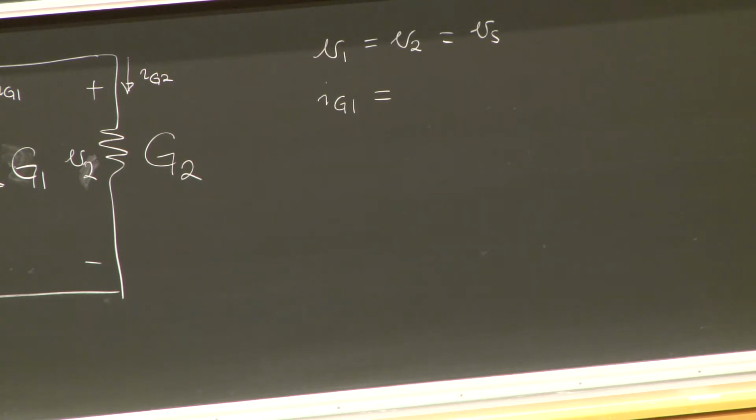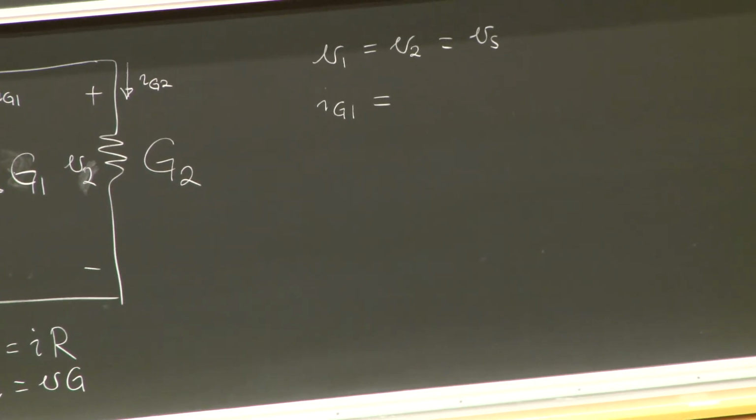1 over R, yeah. It's just 1 over the resistance. So what's Ohm's law for a conductor? It's the same as Ohm's law for a resistor, but with 1 over R, right? Okay. So before, Ohm's law, V equals IR, okay? Or I is equal to V times G, voltage times conductance, right?